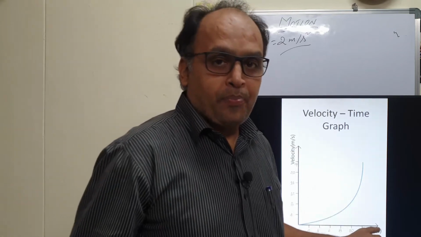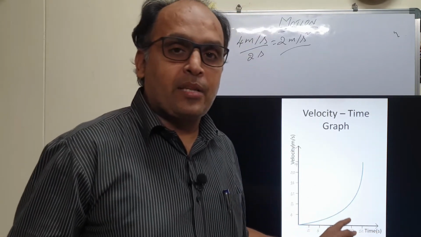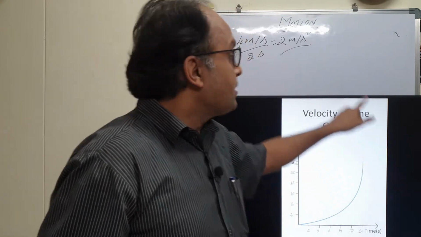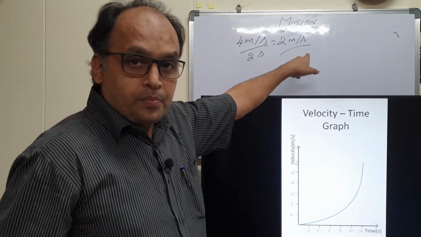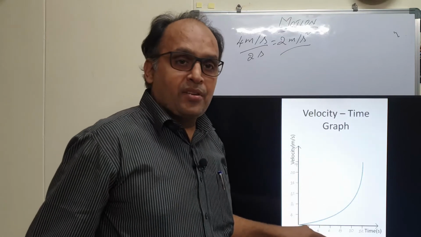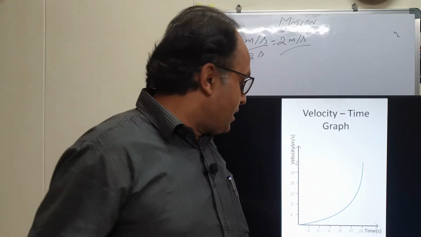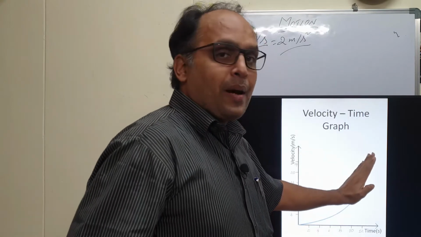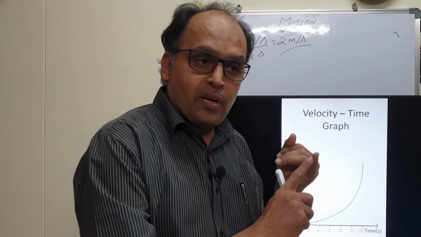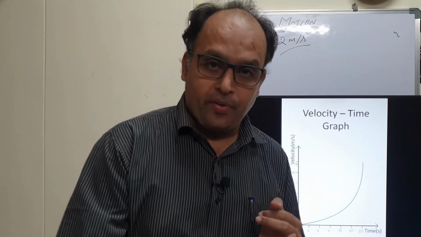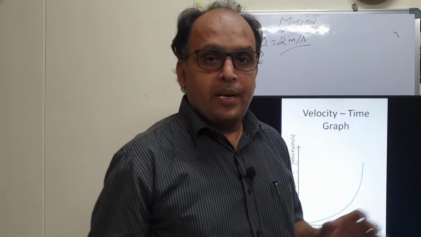In the previous case, when the graph was a straight line passing through the origin, the acceleration was uniform, but here it is non-uniform. So when the graph is a curve passing through the origin, the body is moving with non-uniform velocity, and the acceleration of the body is also non-uniform, right? Now let's move to the next graph.